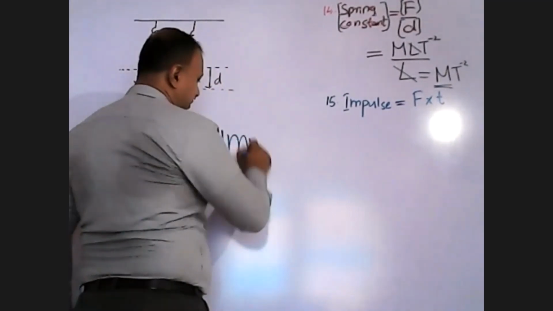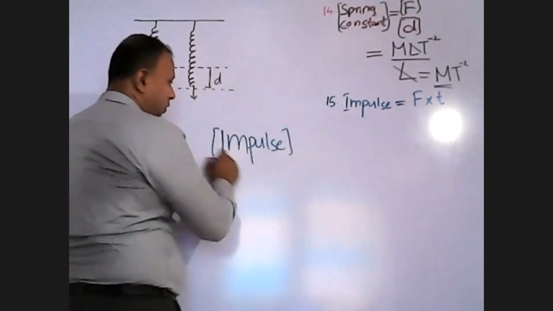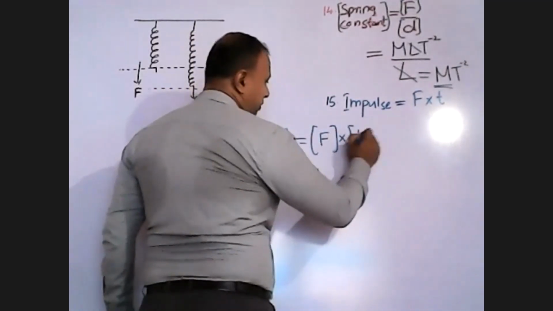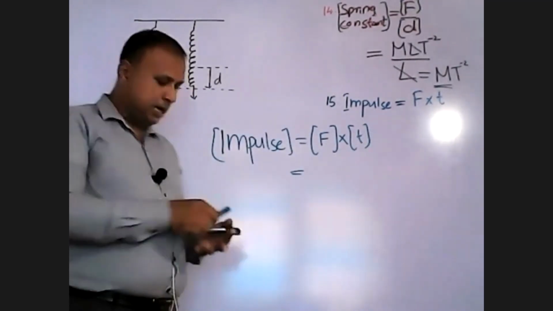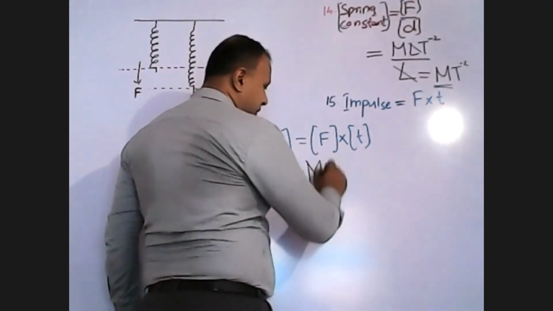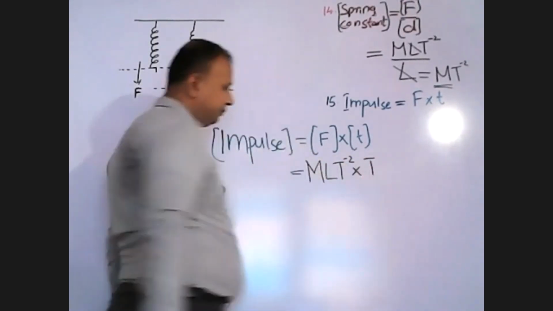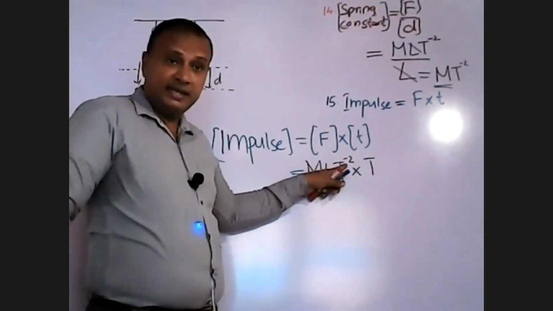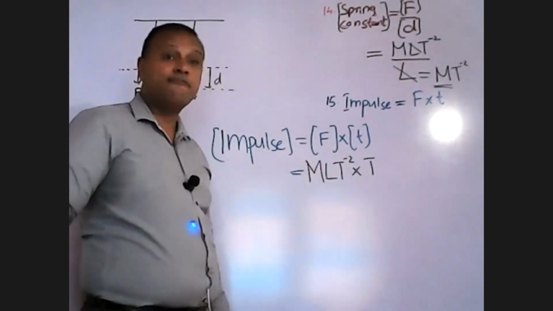The dimension of impulse is equal to the dimension of force into the dimension of T. We know the dimension of force is MLT minus 2, into T. There is minus 2 and there is plus 1; plus 1 minus 2 means minus 1.